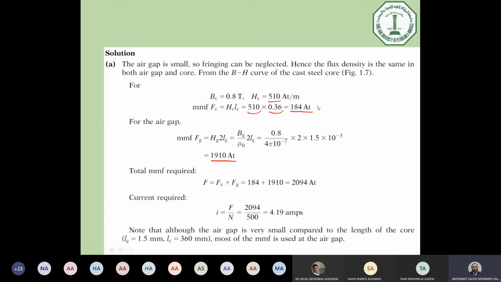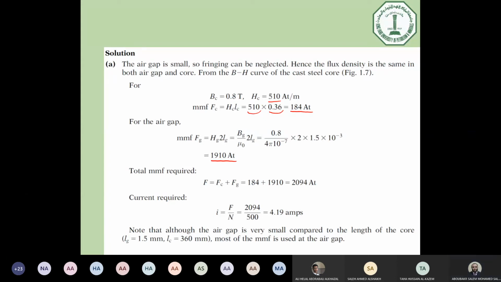Even for a small air gap, which was here 3 millimeters only for the two air gaps together, the amount of MMF needed is almost more than 10 times the MMF needed for the core of length 360 millimeters. 3 millimeters of air gap needs 10 times the MMF compared to a 360 millimeter core. So the air gap consumes a lot of MMF.